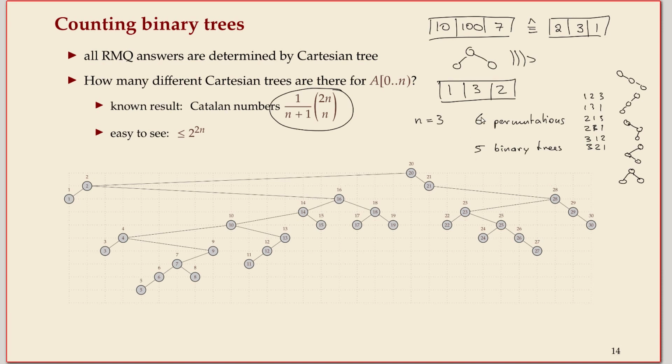And this continues. If you go to larger inputs, it becomes much more pronounced that there's some trees that have many permutations for which they are the Cartesian tree. And there's, in general, many fewer binary trees than permutations.